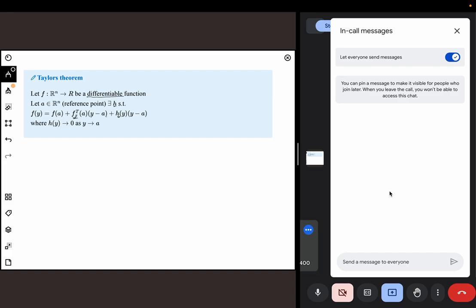So what do we have here? Just to put it in a slightly different way, you can write this by dividing by y minus a.